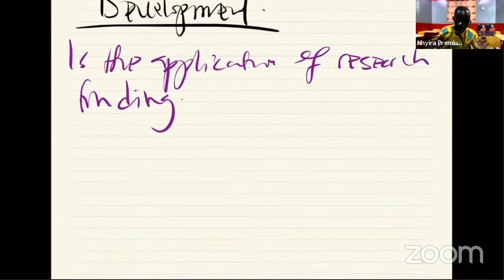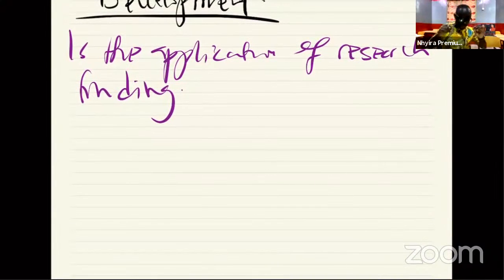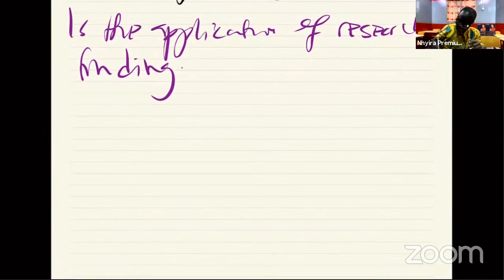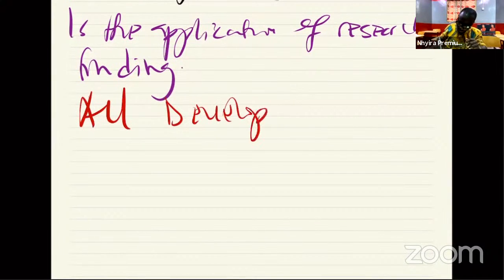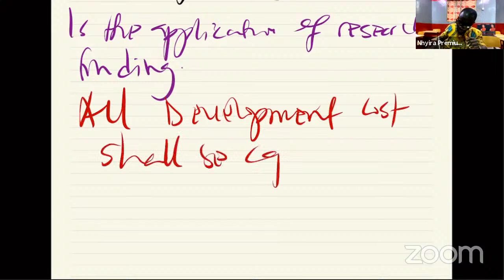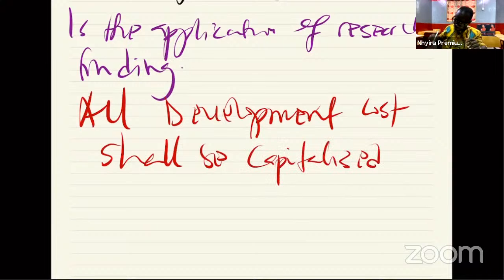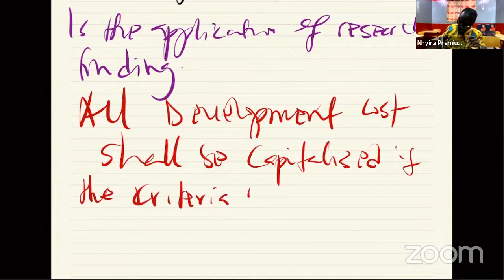Now, the standard states that intangible assets arising from development shall be recognized if and only if the following criteria is met. In other words, let me take that again. All development costs shall be capitalized if the criteria below is met.